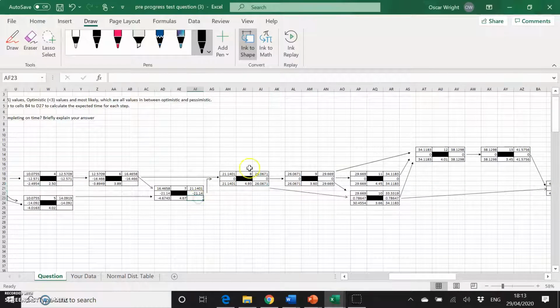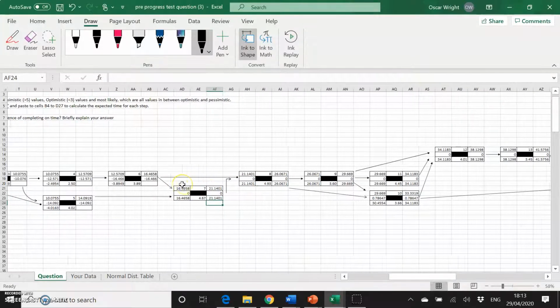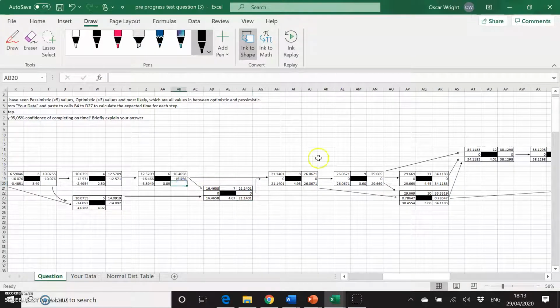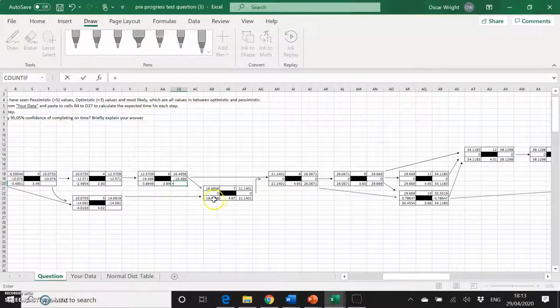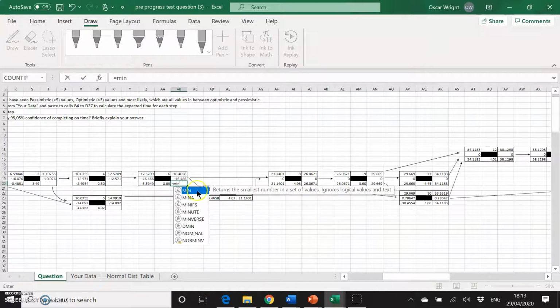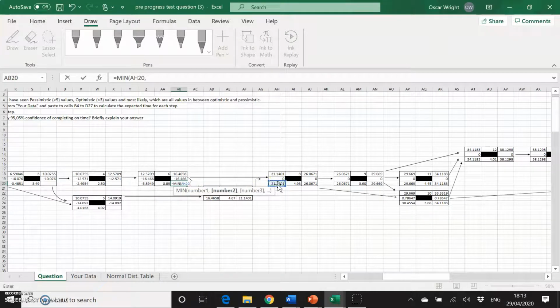Number 7 only goes to number 8, so it must be late start from number 8. Number 6 goes to both 8 and 7, so we take the minimum value from the late start from number 8 and late start from number 7.